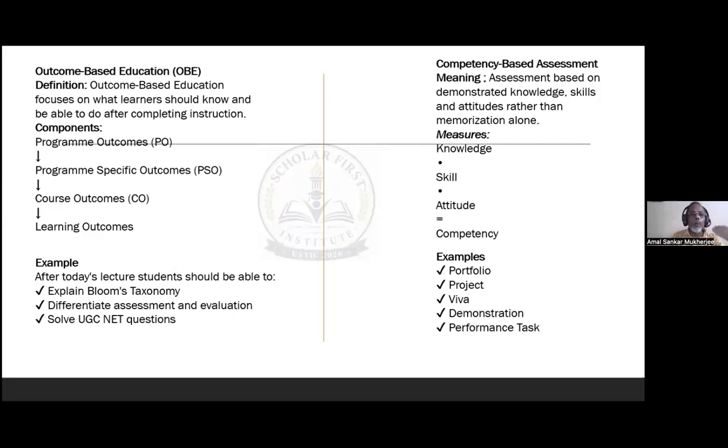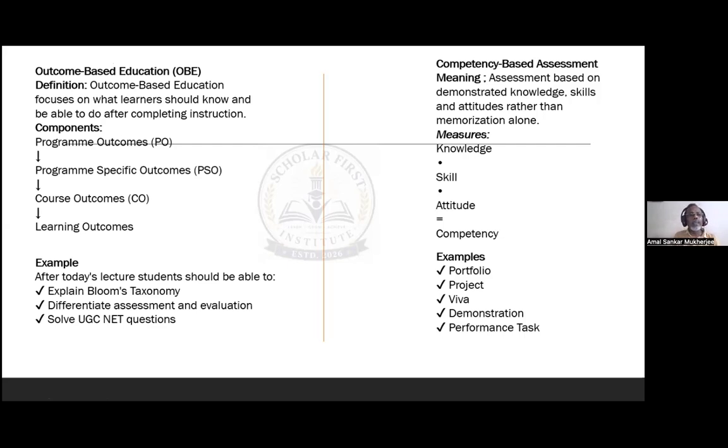What are the components that are there in outcome-based evaluation? Program outcome or PO, program specific outcome PSO, course outcome CO, and learning outcome LO. These are the components in outcome-based education, and they should be prefixed, and on the basis of that, we will have to try to reach that particular target. We can cite one example.